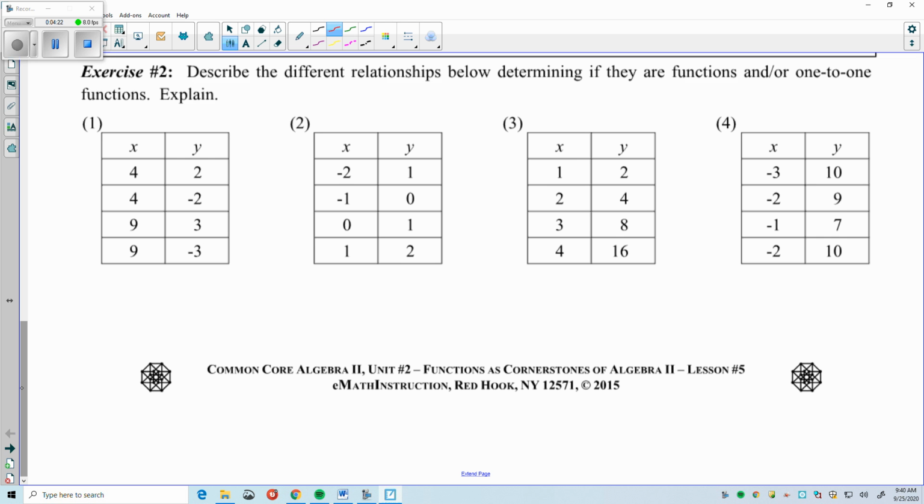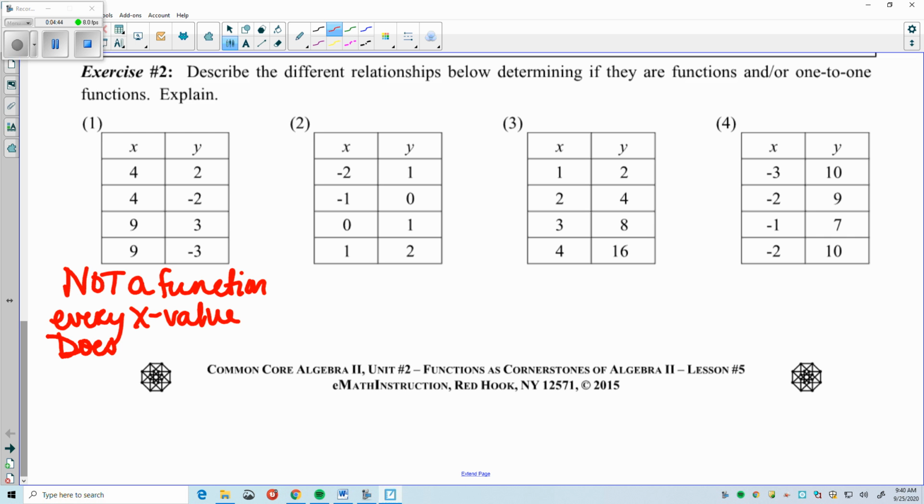So if we go through each of these, each x value has to have a unique y value. Well, that automatically fails the function. So I would say this is not a function, because we know that every x value doesn't have a unique y value.